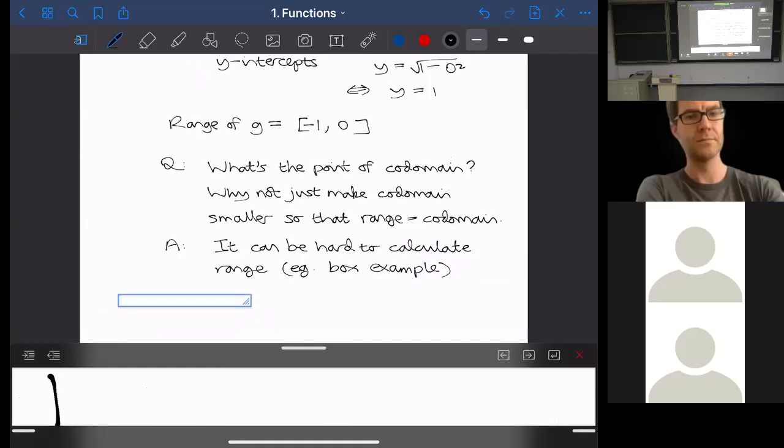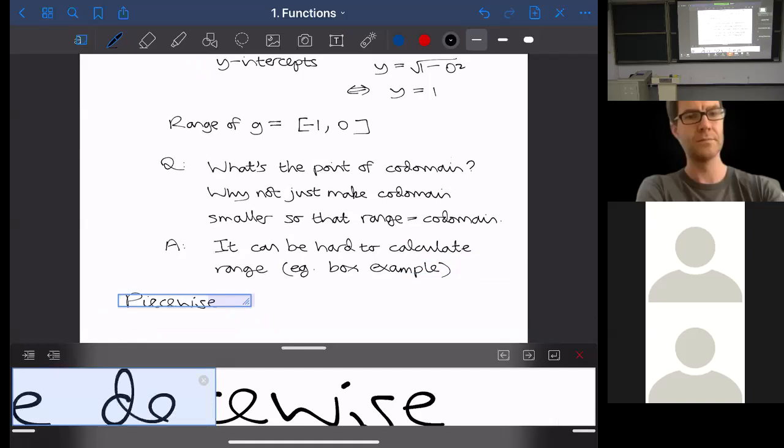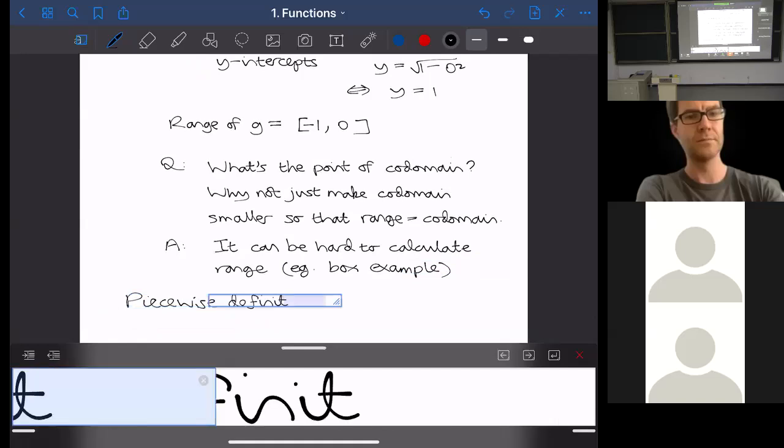Okay, next point. Piecewise definition of functions.